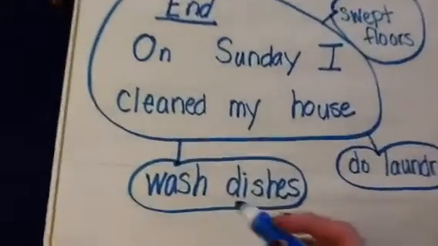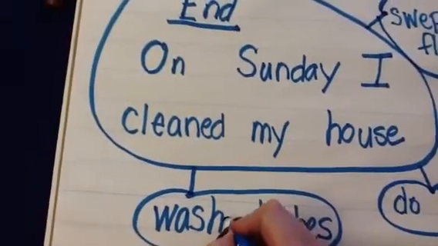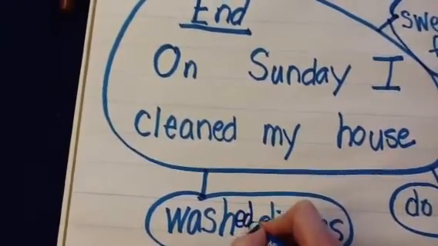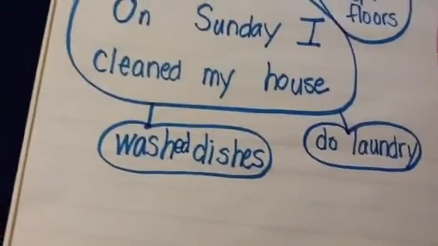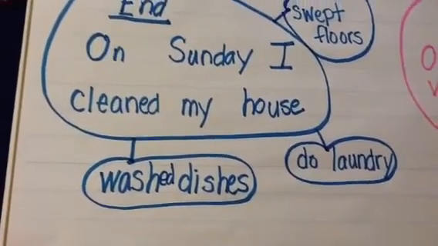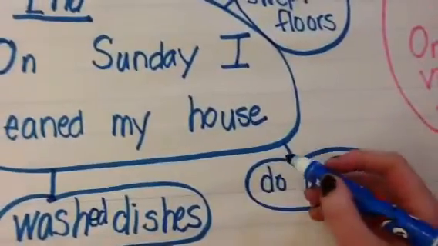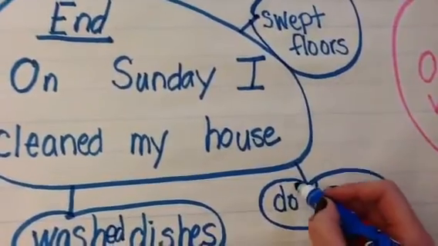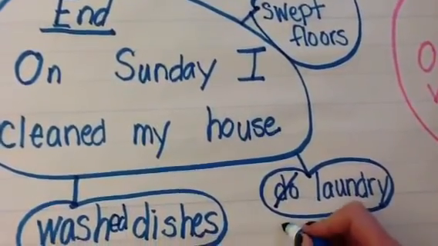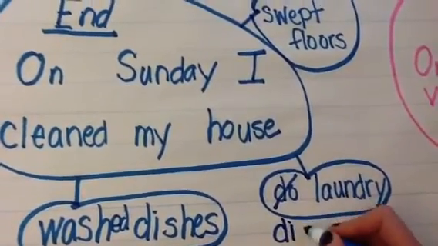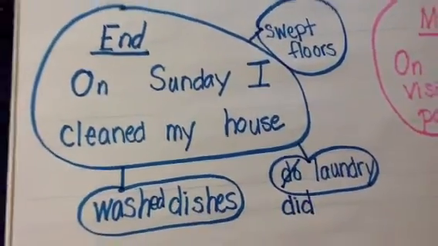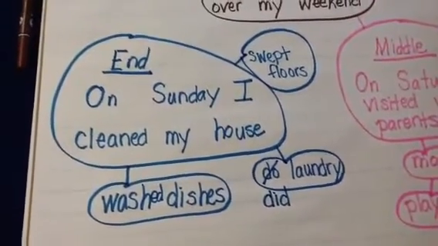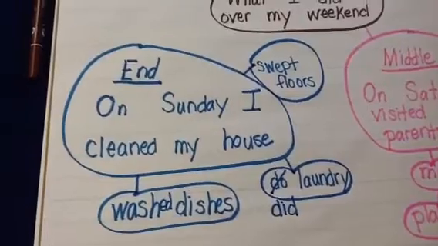I'm going to go back and add washed, can't forget my ending there, washed dishes. And then I may need to correct this. I did laundry. So you'll notice it's okay if you make mistakes.